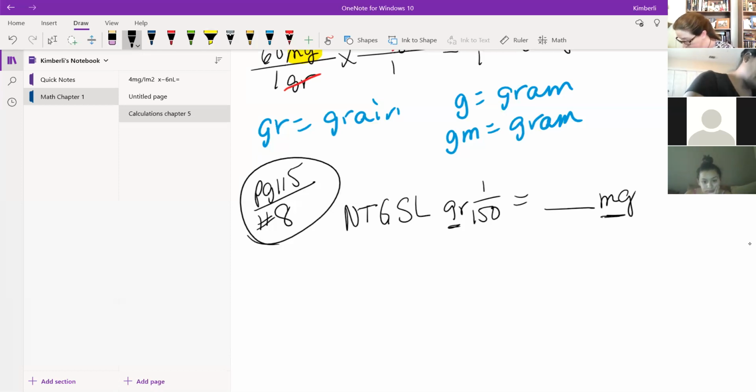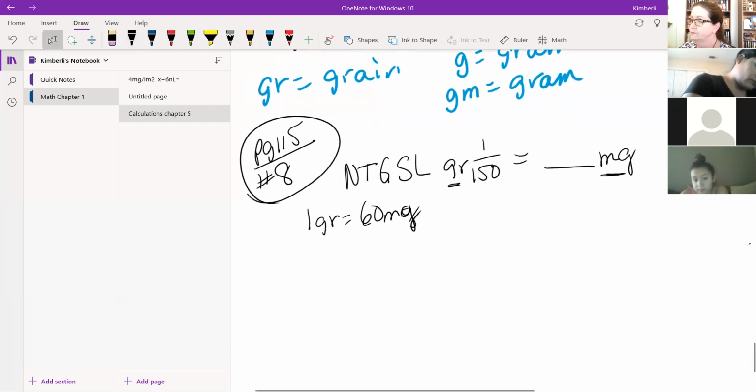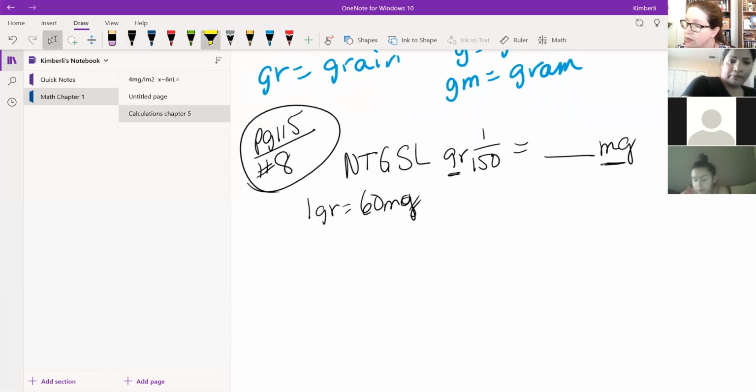So it says that there are 60 milligrams in 1 grain. And I want to end up with milligrams, right? So I'm going to put the milligrams on top.